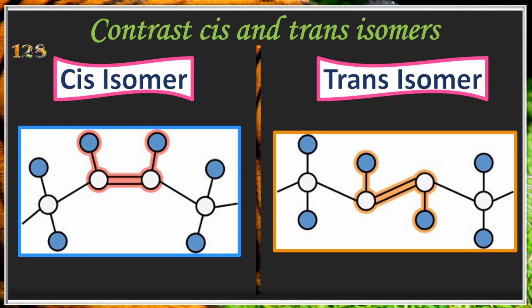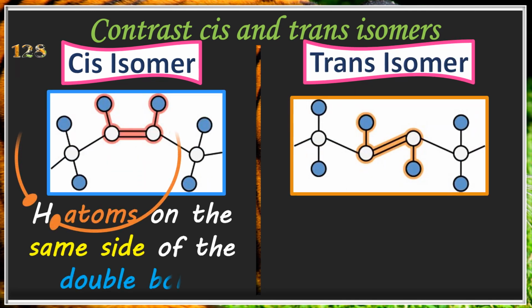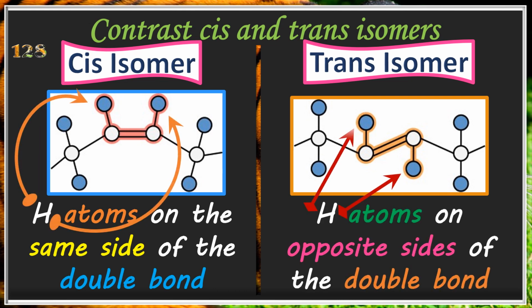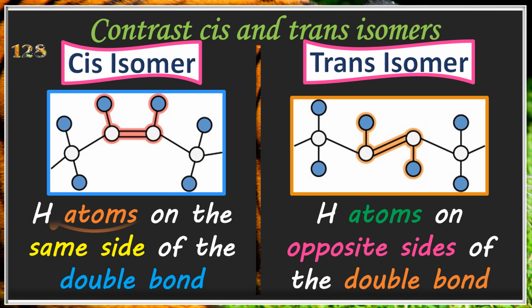Now let us go into details. For the cis isomer, the hydrogen atoms are on the same side of the double bond. For the trans, the hydrogen atoms are on the opposite side of the double bond.